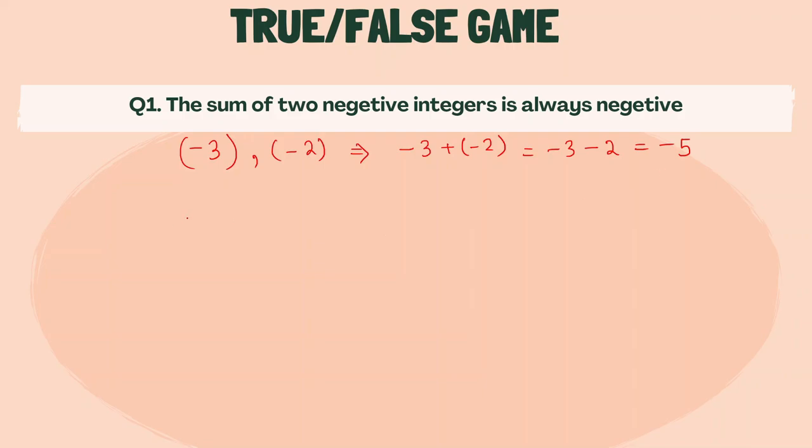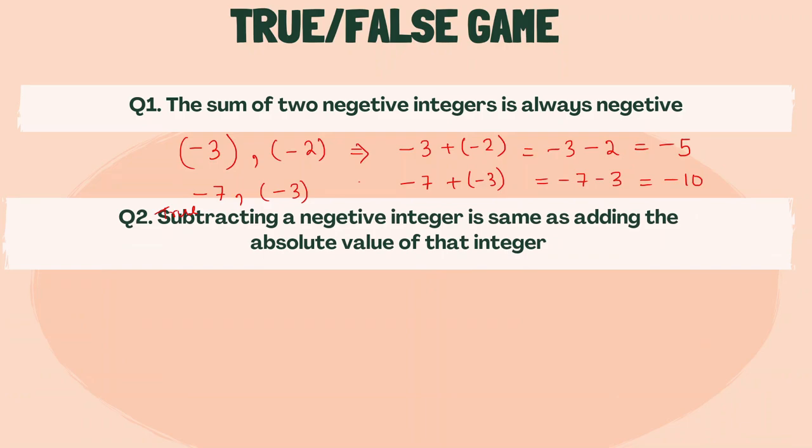So you can take any integer like minus 7, minus 3. Here also what you will get? Minus 7 plus minus 3 is minus 10. So in both cases you can see that the sum of two negative integers is always negative. So this is true.